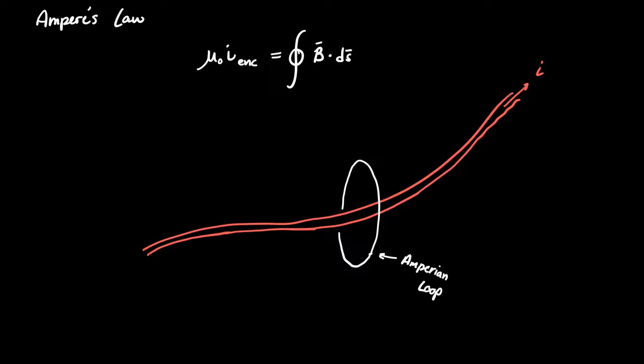But the goal of the Amperian loop is similar to the goal of the Gaussian surface. The Gaussian surface was to add up all of the bits of the electric field that traveled into or out of the surface. My Amperian loop is to add up all the bits of the magnetic field that circulate around the outside of the current.